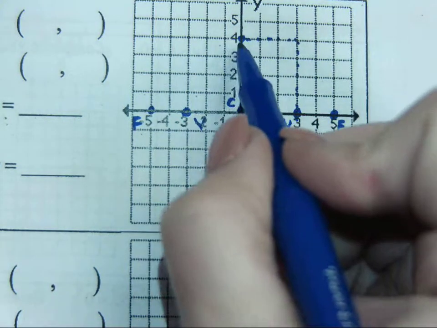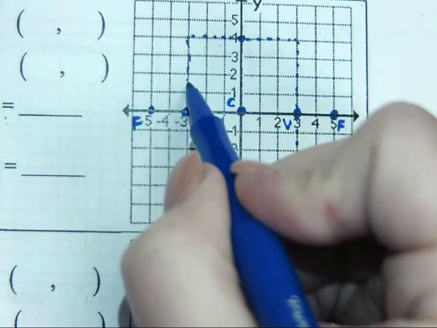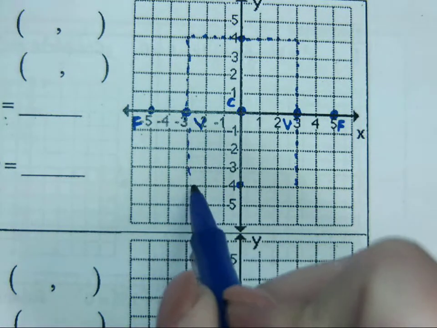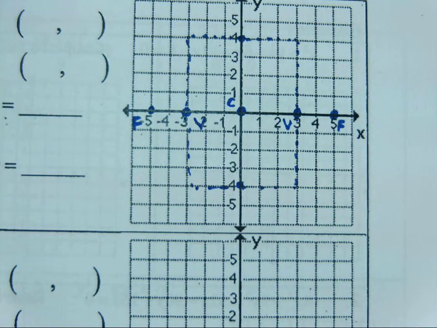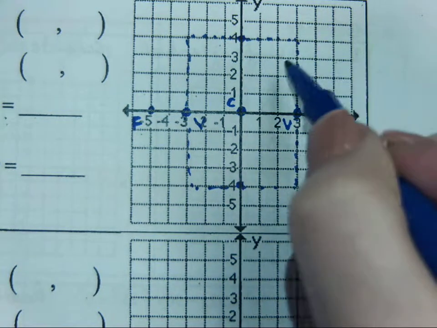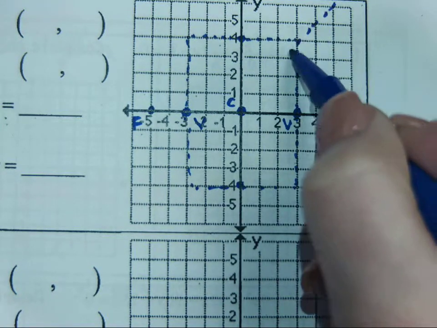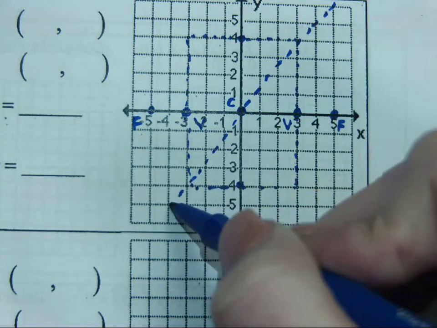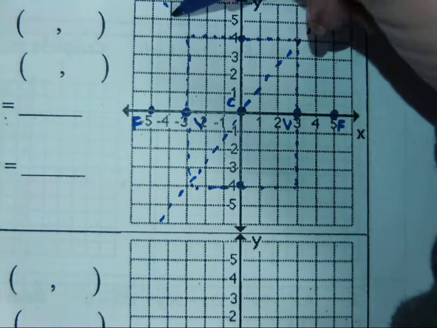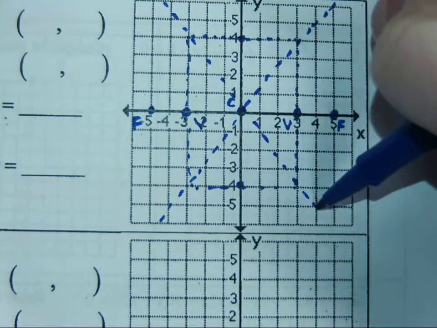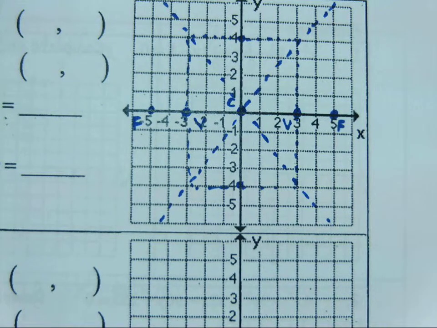If I create this little invisible box from my vertex to my covertex, and then I put diagonal asymptotes through that, so they go through the center and the corners of my graph, this right here is my asymptote that I'm going to need to run through.